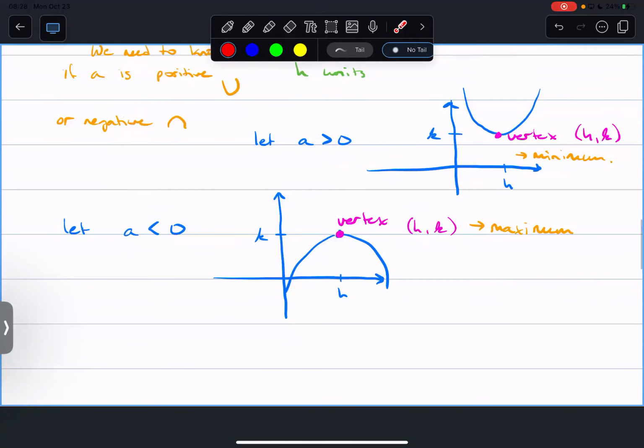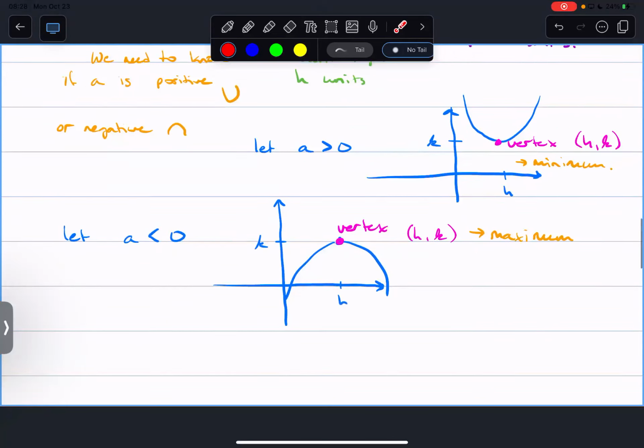So we only have these two options. So if you want to maximize something, then that's a clue that your a has to be less than 0, just as a check-your-work situation.